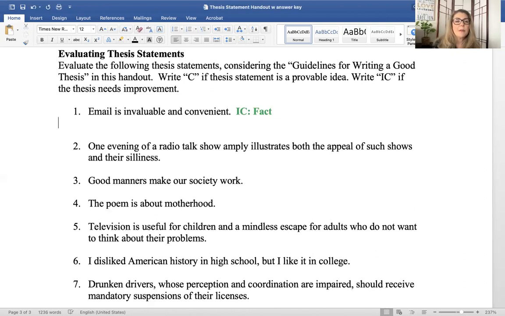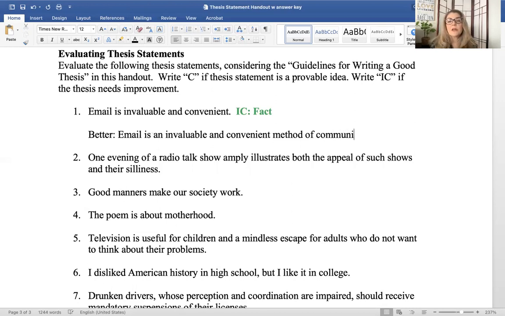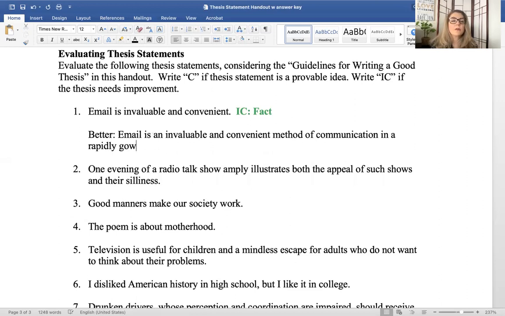Okay, now, how could we make this a more provable idea, something interesting? Let's try to revise this. So how about, email is, we're going to make these into adjectives, invaluable and convenient method of communication in a rapidly growing world.